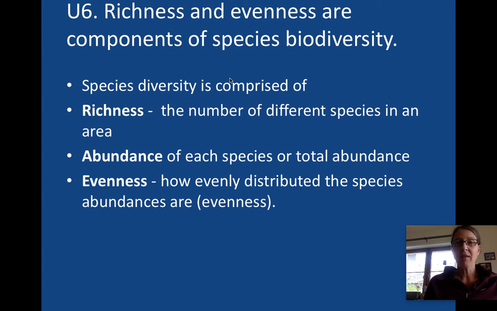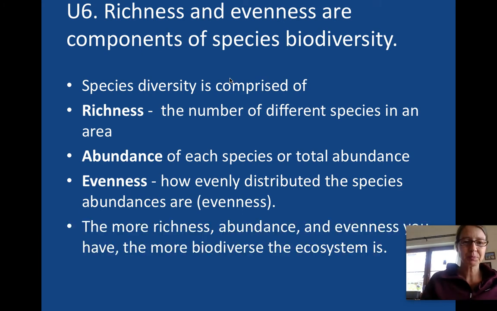So if you have, say, 4 different species in an area, and one of those species there's thousands and thousands of, but then there's only maybe 10 or 20 individuals in this population and 10 or 20 individuals in this population, it's not very even because one of the populations is so much bigger than all the others. Whereas if the numbers are a little closer together, that makes a community more even. I'm going to show you examples.